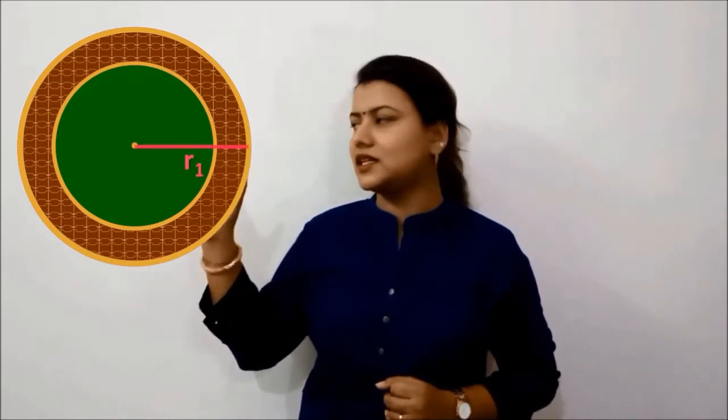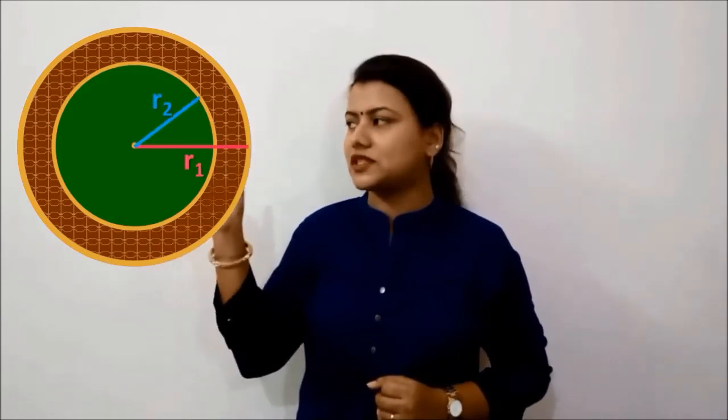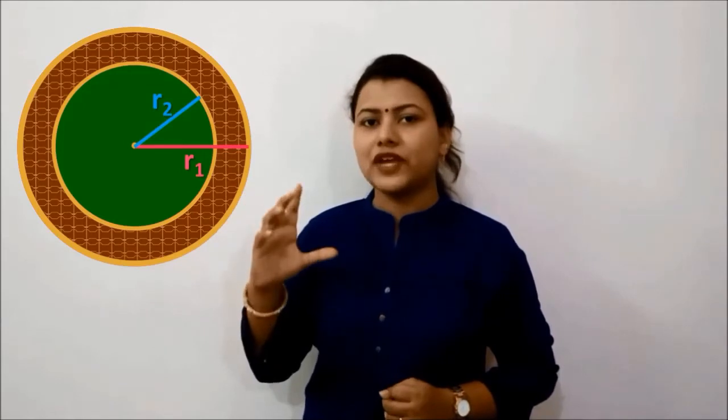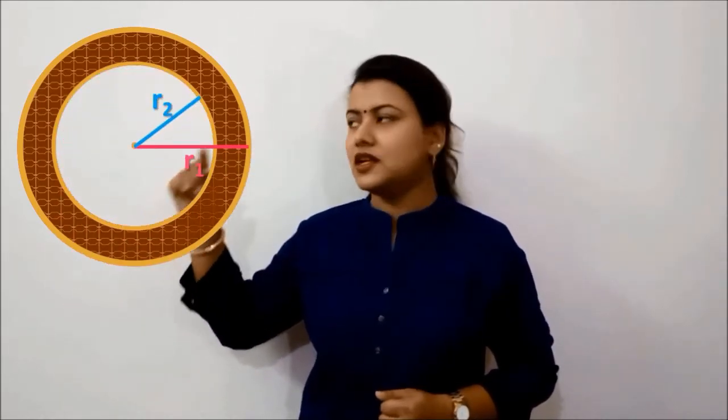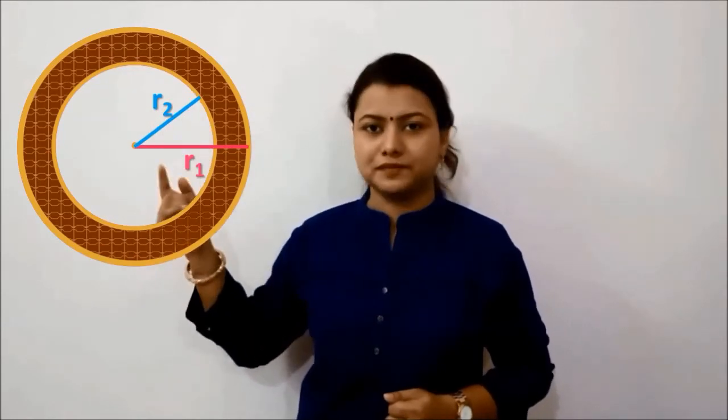Simply what you have to do is, you have two circles, the bigger one and the smaller one. Let the radius of the big circle be r1 and the small circle be r2. Then we have to subtract the area of the smaller circle from the bigger one.